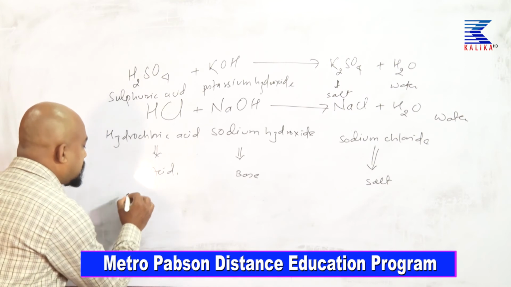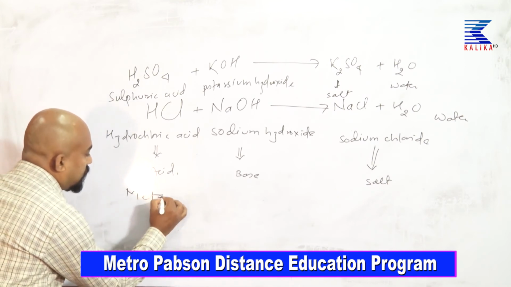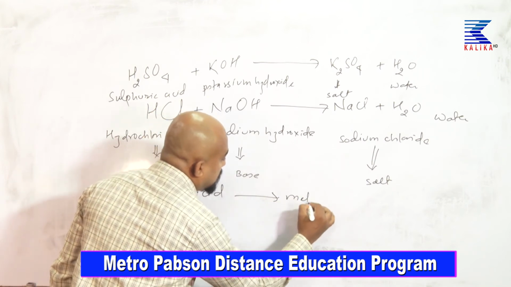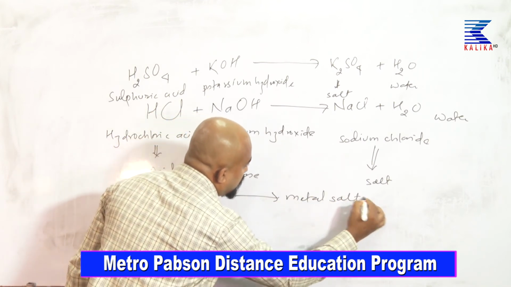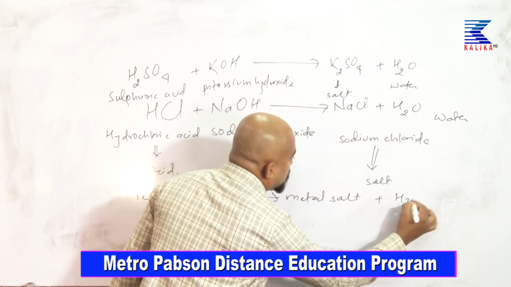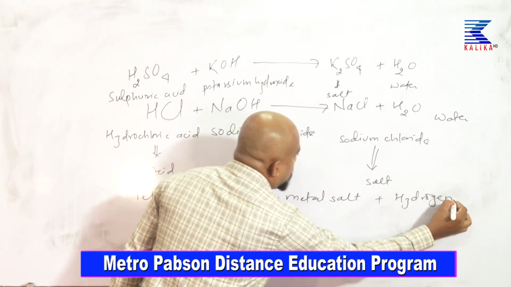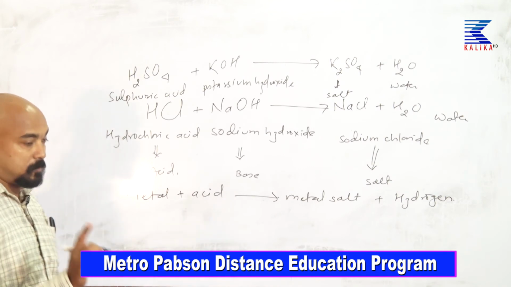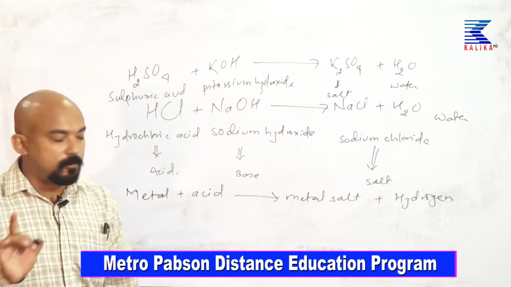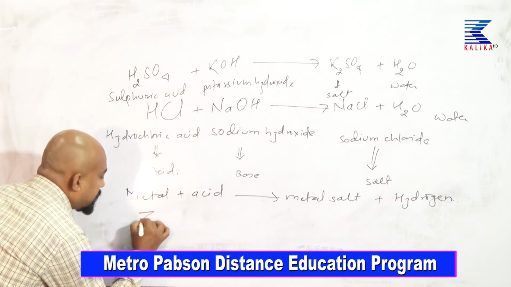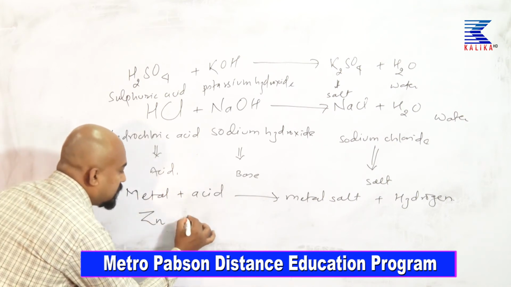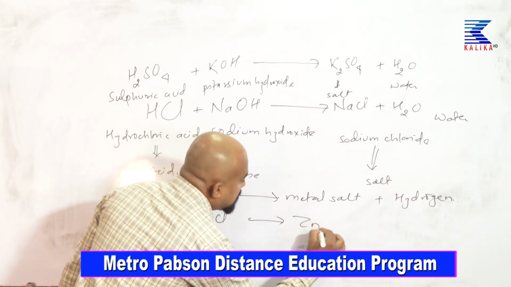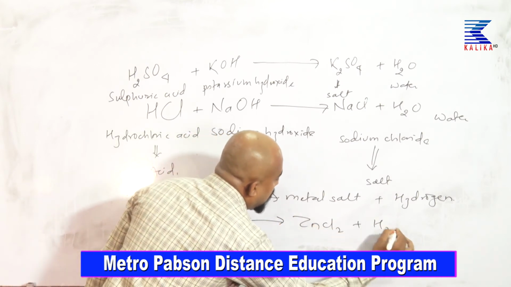Similarly, metal plus acid gives metal salt plus hydrogen gas, that is, metal displaces the hydrogen gas from the acid. For metal, you can take the example of zinc. Take the example HCl, so it gives zinc chloride plus hydrogen.